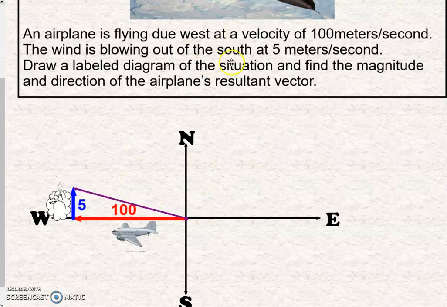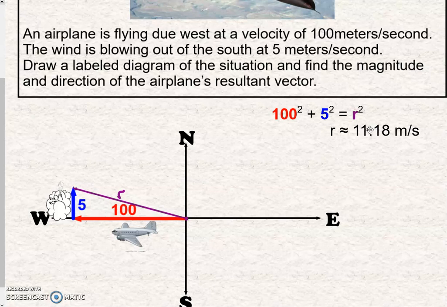And now I can solve for the magnitude and direction of the resulting vector. We can find this value r right here by using the Pythagorean theorem. So we end up getting r is about 11.18 meters per second.